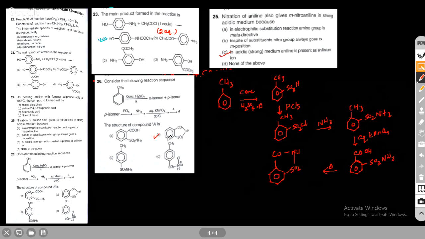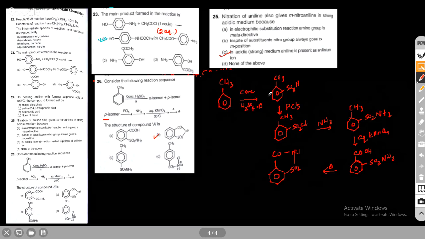We are getting para. Okay, we are using para isomer here. Then I don't think product will be this.